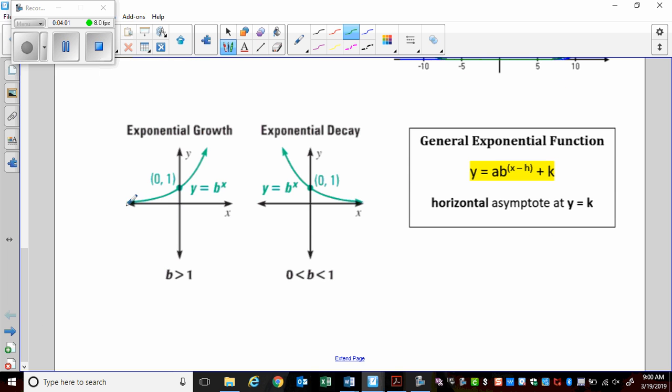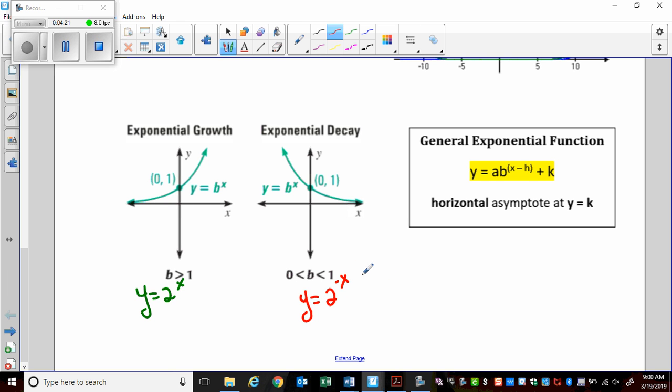Exponential growth, we know that goes up. Exponential decay, from the left to the right, we're going down. We're decreasing. And this will look something like what we just did, y equals 2 to the x. An exponential decay, we're going to have a negative exponent. Y equals 2 to the negative x.